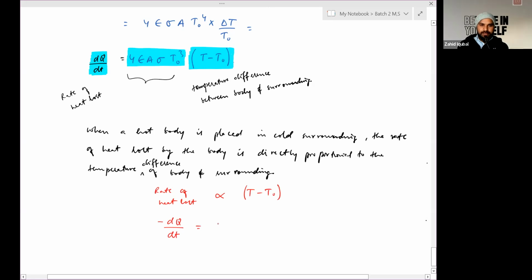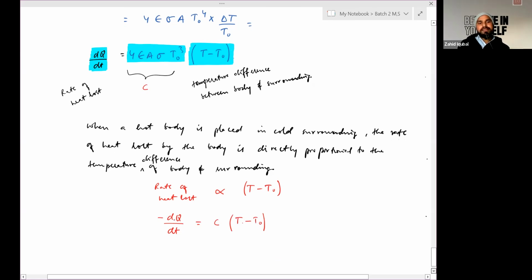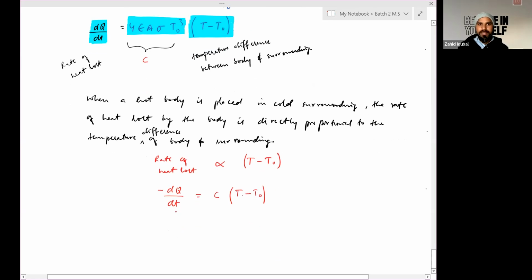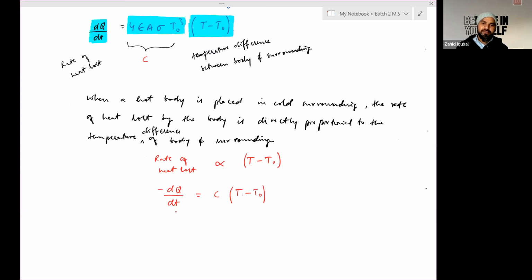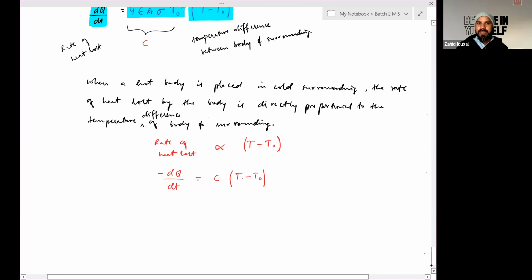Removing the proportionality, put a constant term, which will be equivalent to the above part, 4 epsilon A sigma T naught to the power 3, and minus (T minus T naught). This heat lost by that particular hot body will be responsible for changing its temperature from some initial to some final value, so it will be termed using specific heat.